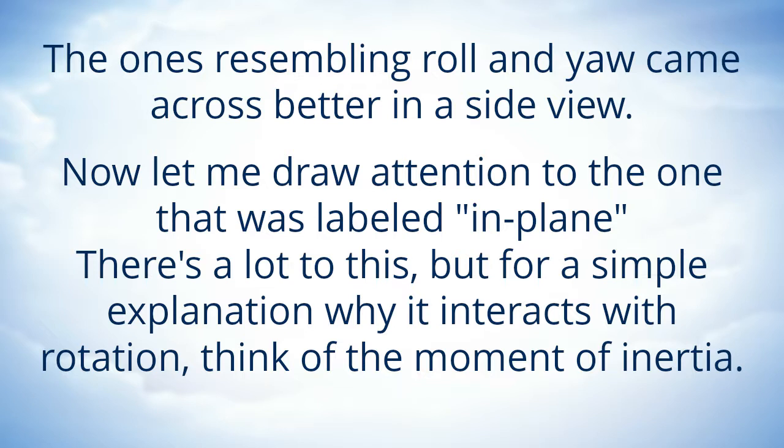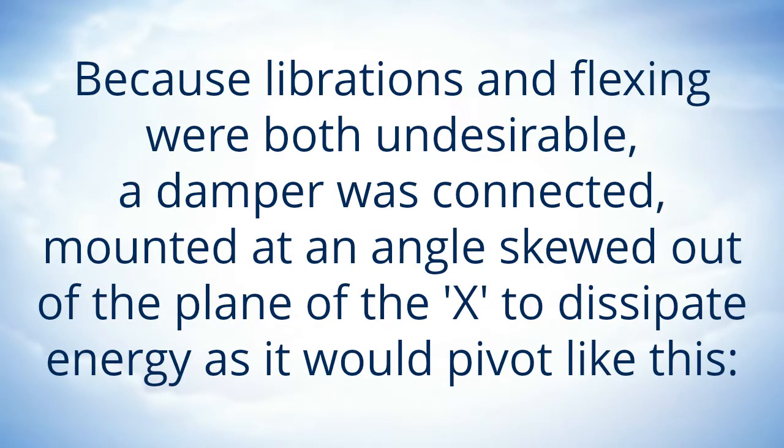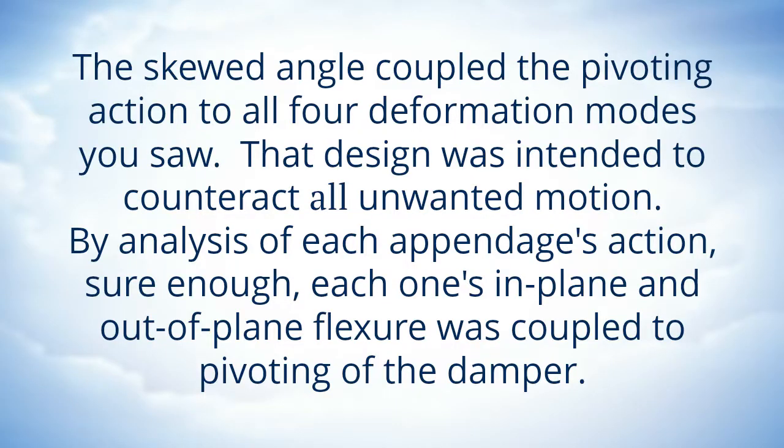Because librations and flexing were both undesirable, a damper was connected, mounted at an angle skewed out of the plane of the X to dissipate energy as it would pivot like this. The skewed angle coupled the pivoting action to all four deformations you saw.